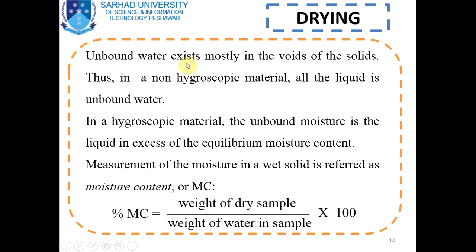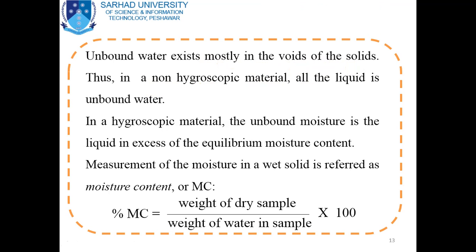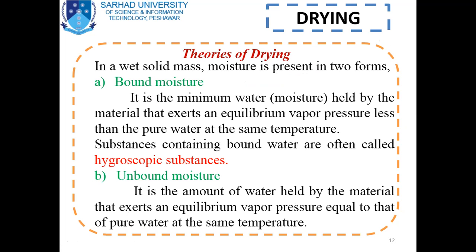Unbound water exists mostly in the voids, that is the empty spaces of the solid material. Thus in a non-hygroscopic material all the liquid is unbound water. You can see the first one is termed a hygroscopic material and the second one is a non-hygroscopic material.